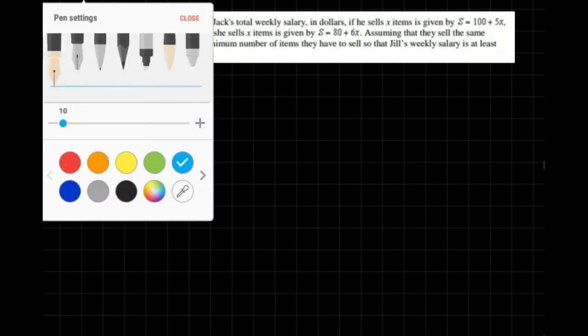Okay, well, let's say that I'm going to do this in red. Let's say I'm going to use capital J of X for Jack, and we'll use lowercase j of x for Jill, right?